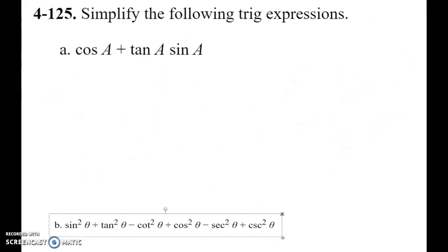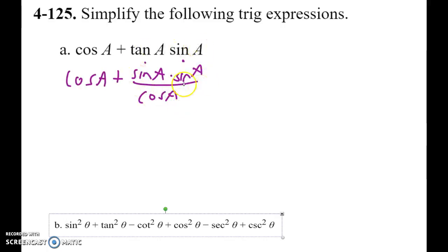Alright, simplify the following expression. On this one, I'm going to change everything in terms of sine and cosine. So I've got sine A times sine A over cosine. That's multiplied together.